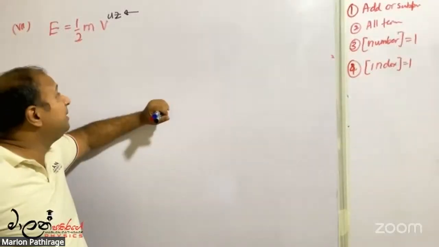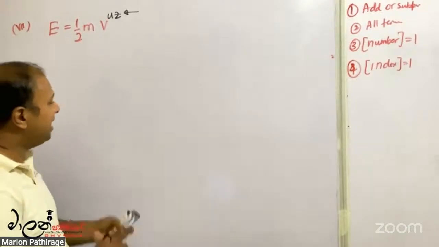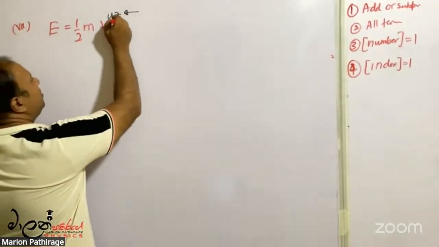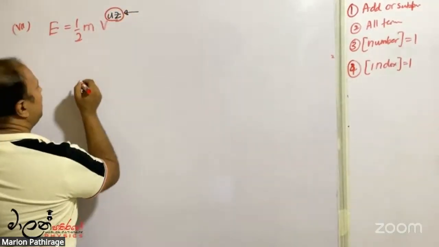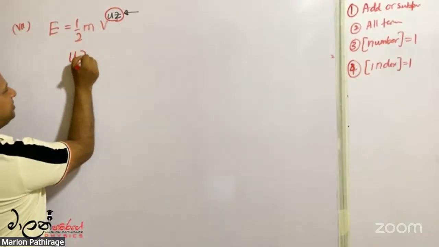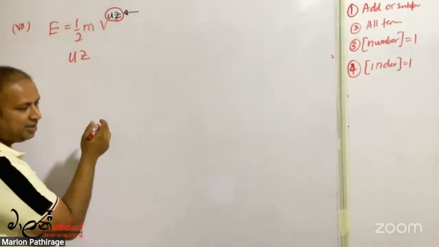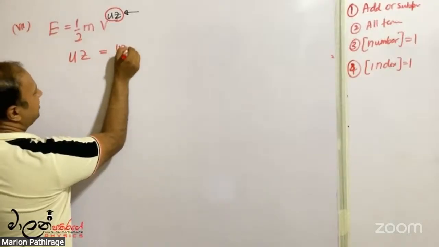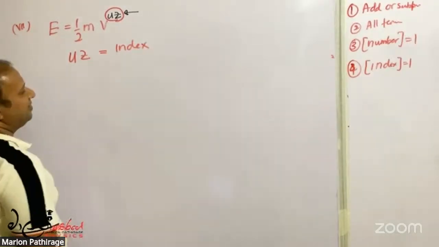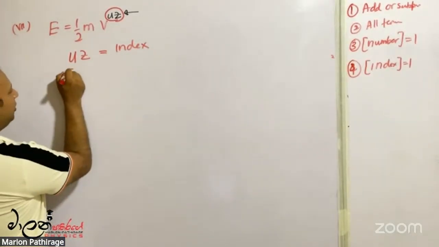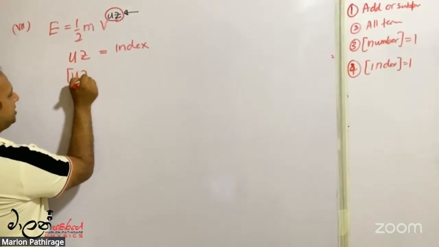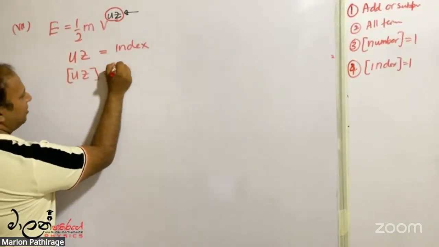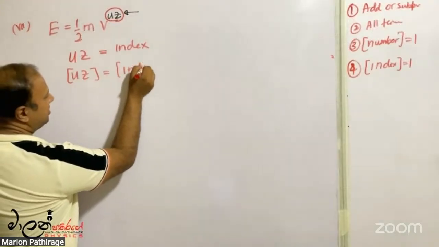This is the index. This is U is it. Therefore, this entire expression is the index. Therefore, dimension of U is it is equal to dimension of index.